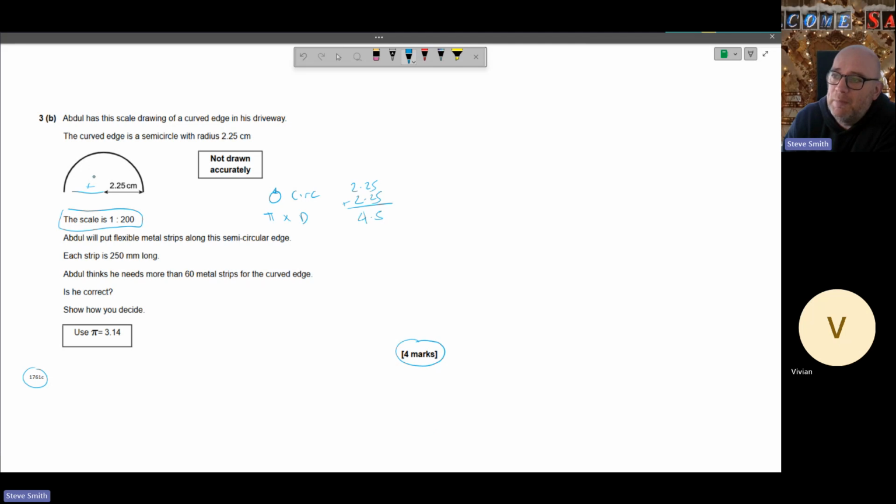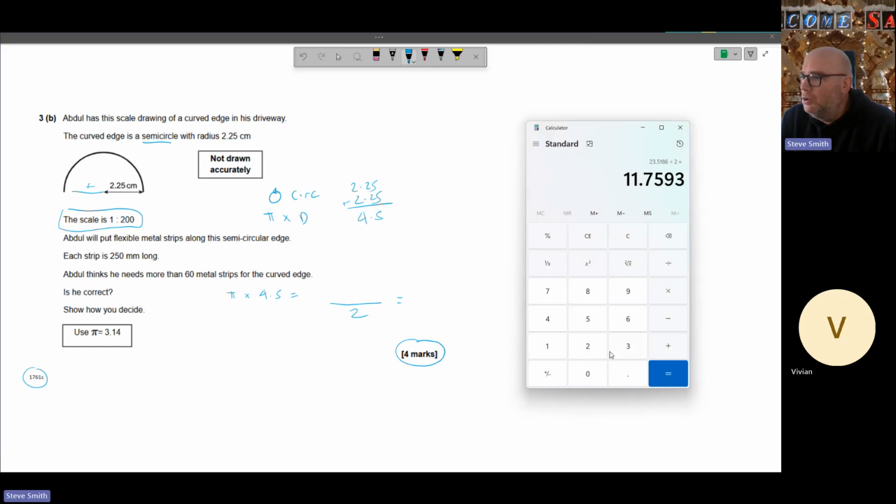So we know the diameter is just 2 lots of the radius. So we're going to go pi times 4.5 equals. It's a semicircle, so it's a half circle again, so we're going to divide our answer by 2.